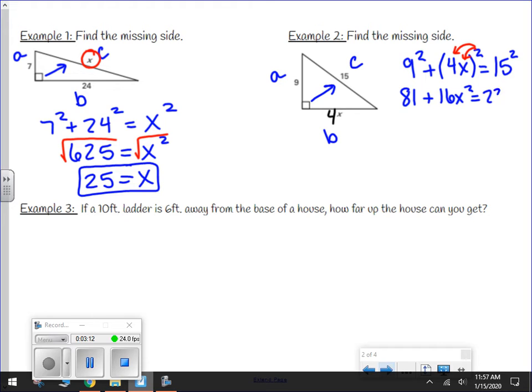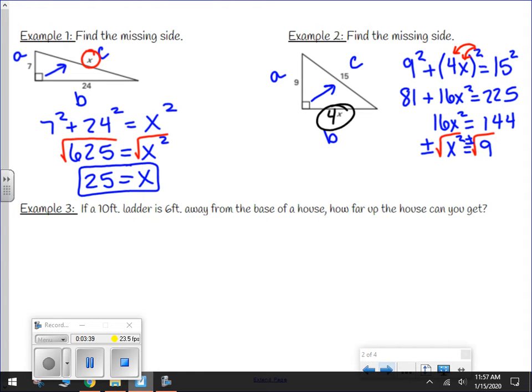And I will start solving by subtracting 81 from both sides, dividing by 16, and square rooting both sides to get x alone. Again, I don't need to worry about the plus or minus because, oh, no, I do have to worry about the plus or minus because x isn't alone, it is a 4x.